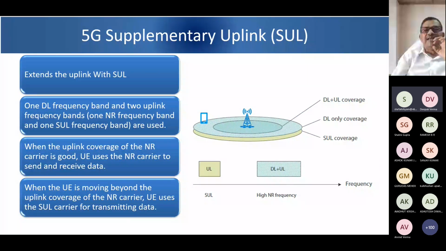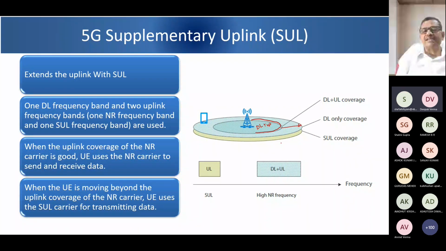Next use case is about the supplementary uplink or downlink, right? So generally uplink to increase the coverage. What you see here is that on the normal frequency which the base station is using, you will have downlink and uplink both, but downlink will be extended slightly more.